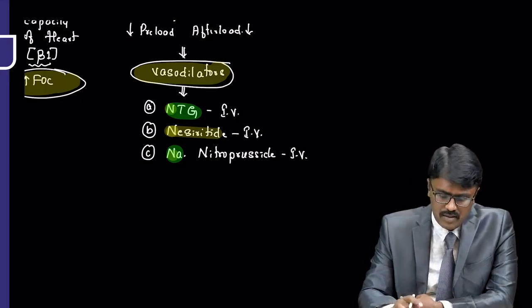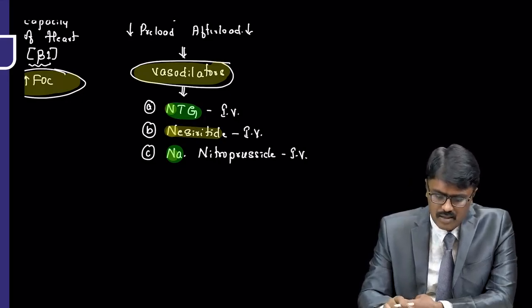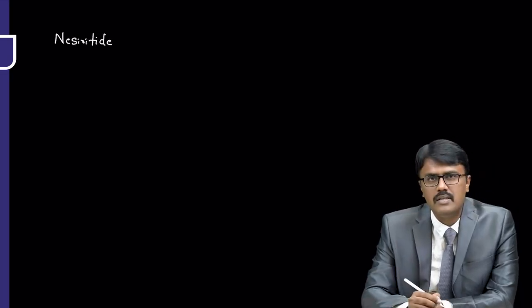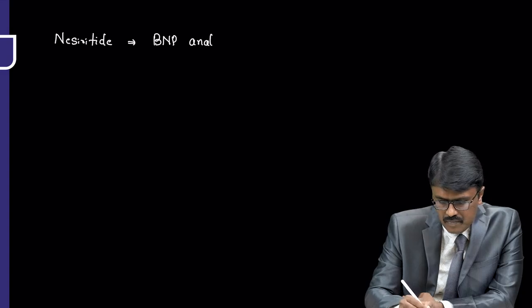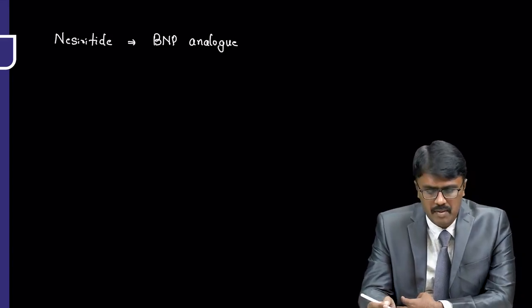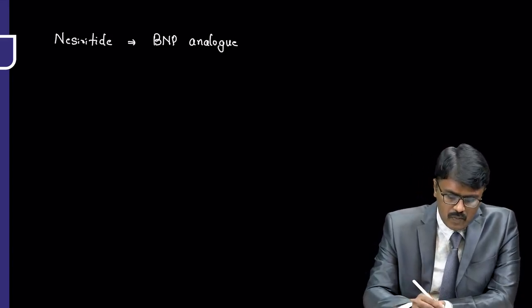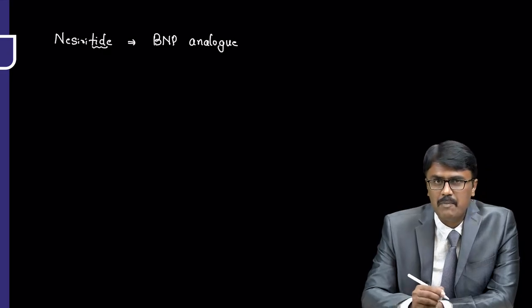So what is the drug nesiritide? We'll understand it now. The drug name is nesiritide. Nesiritide is a BNP analog. Remember, any drug ending with tide is a peptide.